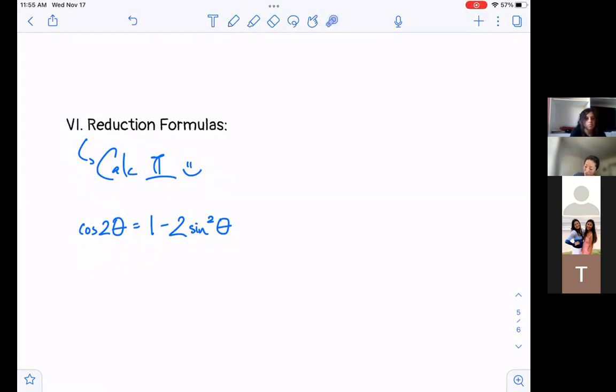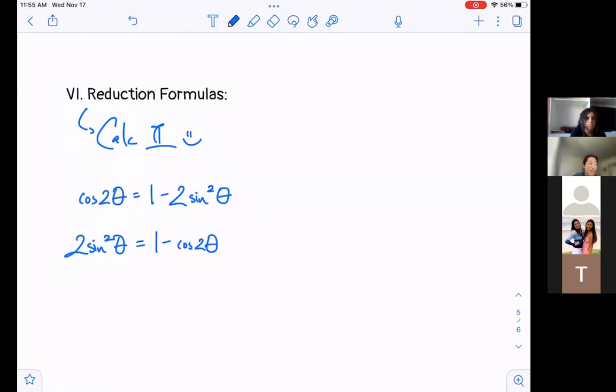So I'm going to add this to the other side, so I get 2 sine squared theta equals, moving the cosine to the other side, 1 minus cosine 2 theta. Since I want to get the sine squared by itself, I'm going to divide by 2.